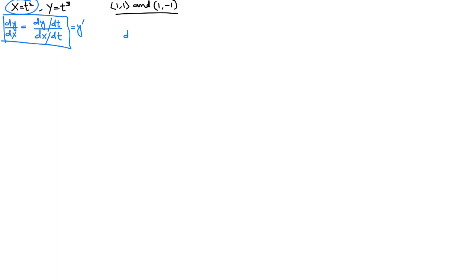Now, what is the derivative of x with respect to t? Can anybody tell me what is the derivative of x with respect to t? x is t square, t power 2. So what is the derivative of t power 2? 2t, yes, very good.